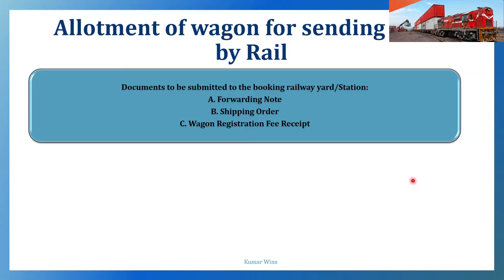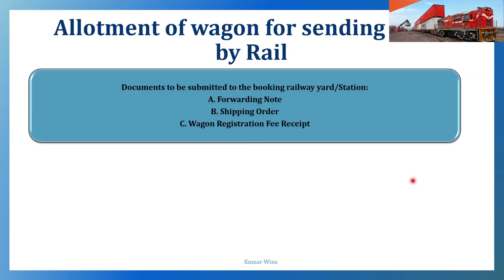According to this scheme, wagons are allotted on a priority basis for carrying export goods to the port. And there are some documents which have to be submitted for booking the wagon, and these documents have to be submitted to the railway yard or railway station.